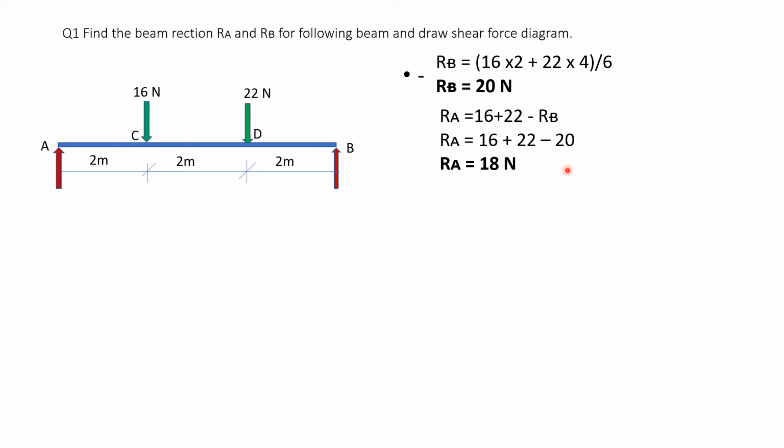Take the calculators in your hand and do the calculations. 16 plus 22 minus 20 is equal to, you will get RA as 18. Now here write the value of RA below A and RB below B. So this is RA 18 and RB 20 Newton.